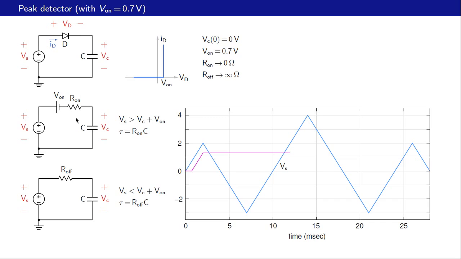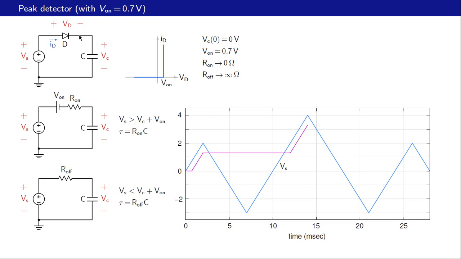We have this equivalent circuit, and once again the capacitor voltage starts following the input voltage with a difference of V on, like that. Now at this point, the input voltage Vs starts decreasing, and therefore Vd becomes less than 0.7 volts.